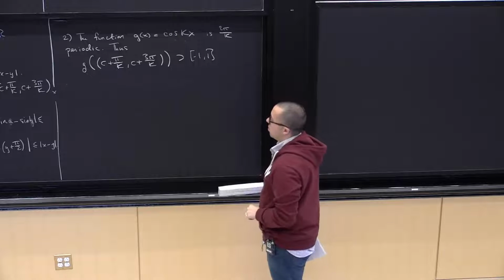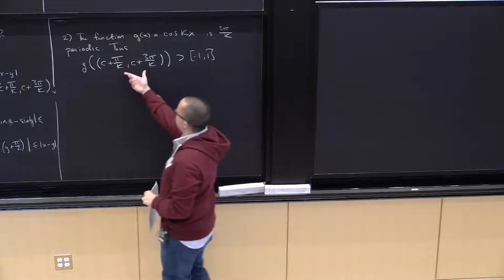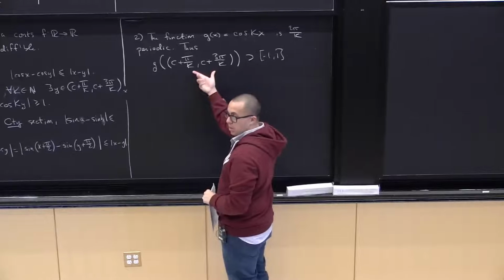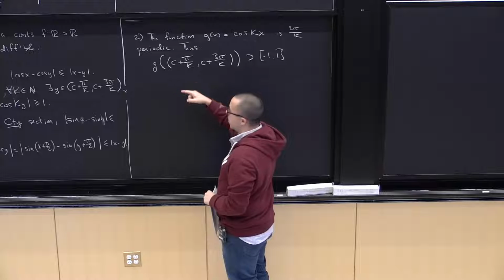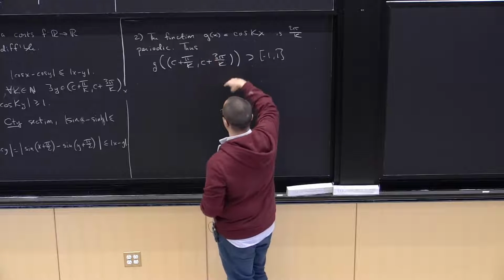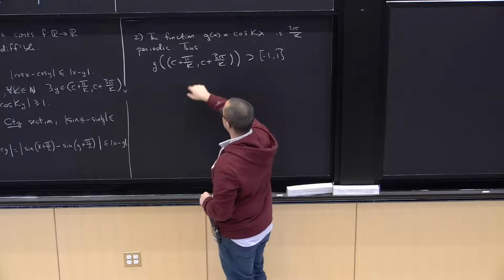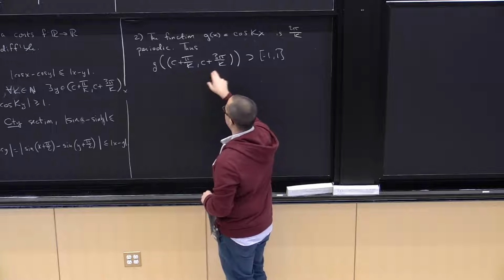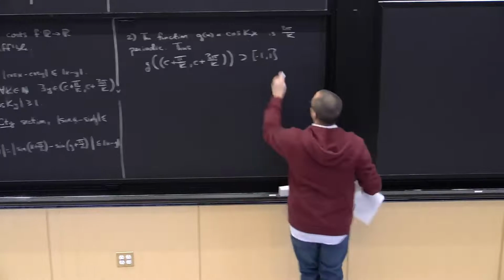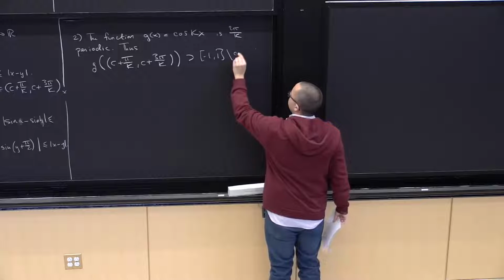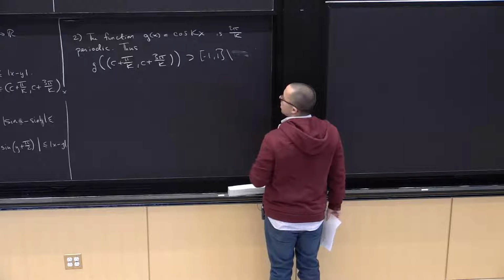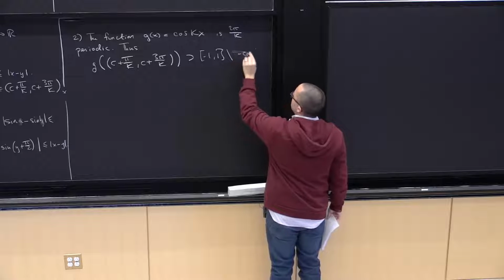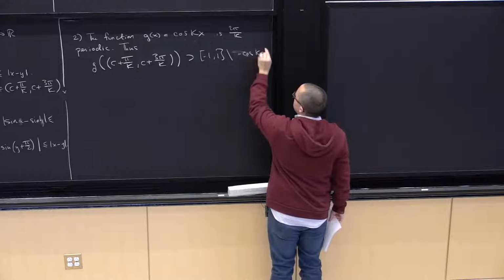This is an interval of length 2 pi over k, and cosine kx is 2 pi over k periodic, so I should get everything between minus 1 and 1, except possibly the value at the endpoints. And the value at the endpoints is minus cosine kc.